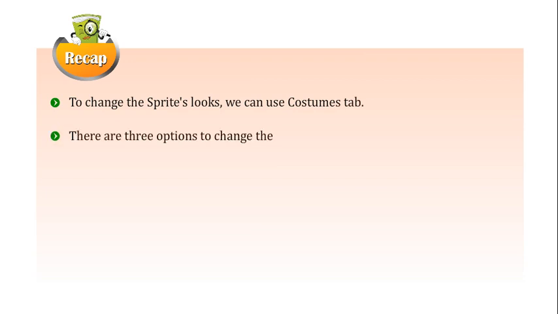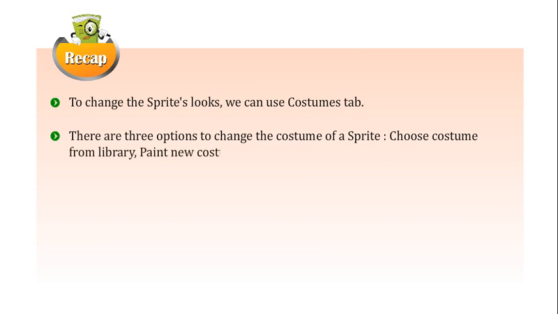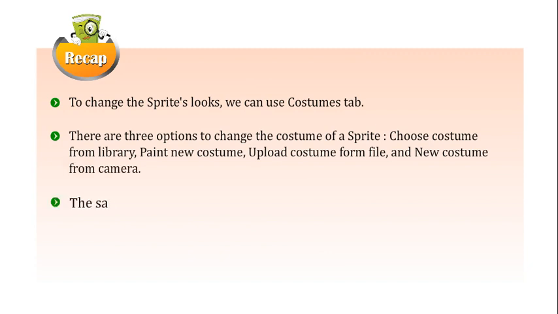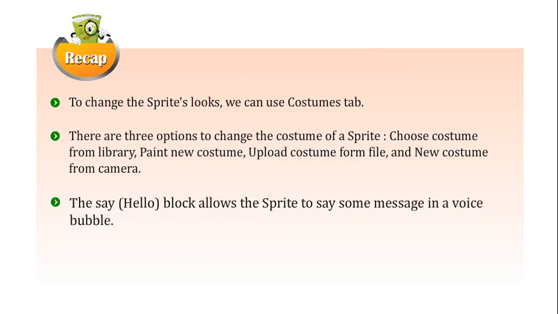Okay students, let us take a recap of this chapter. To change the sprite's looks, we can use Costumes tab. There are 3 options to change the costume of a sprite. Choose Costume from Library, Paint New Costume, Upload Costume From File, and New Costume from Camera. The Say Hello block allows the sprite to say some message in a speech bubble.